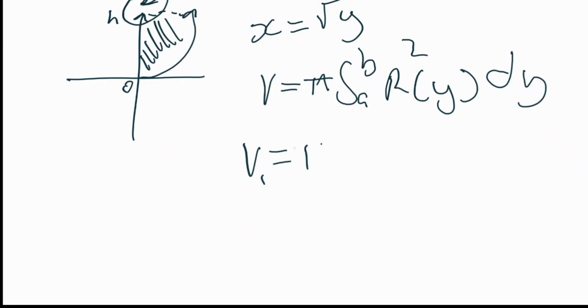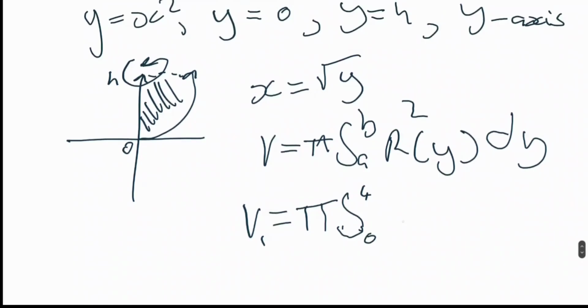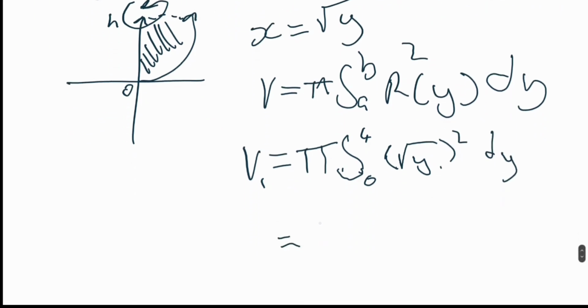So we'll just go ahead and plug in our values of a, b, and y. So a and b is going to be 0 and 4. Of y, our function for y is going to be root y squared dy. This is going to equal pi integral from 0 to 4 of y dy.